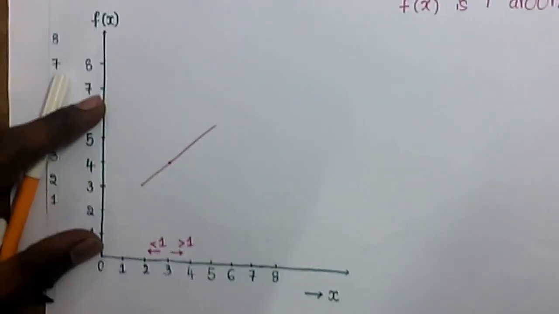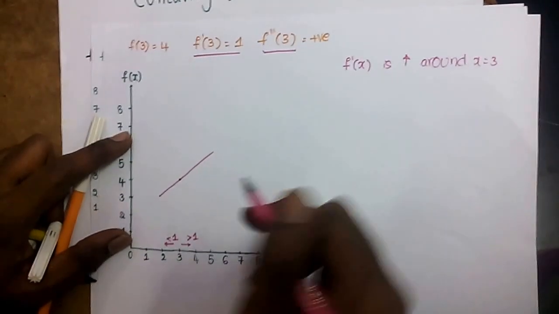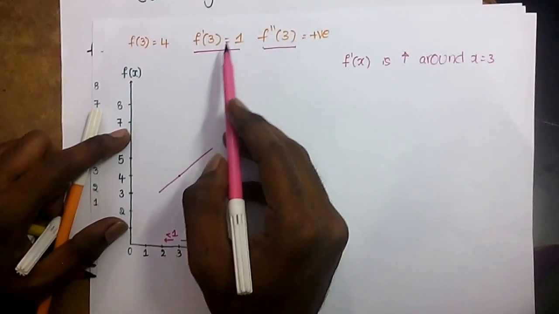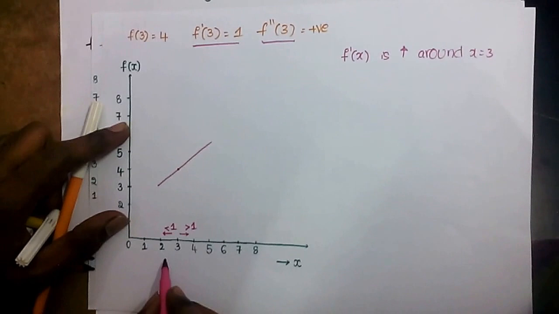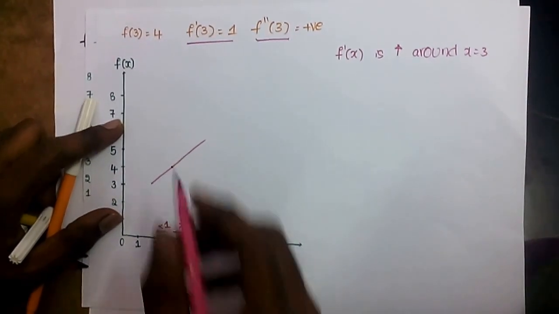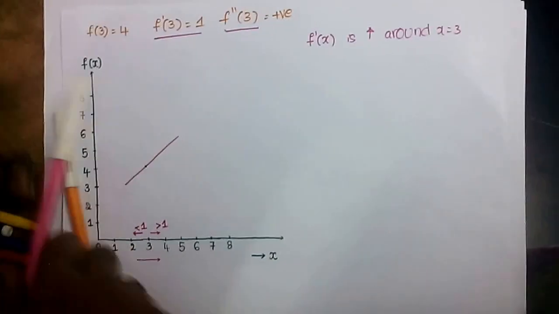So what does this tell about the function f of x? If from left to right, say from less than 3 to above 3, the graph of the function is moving more and more steep.